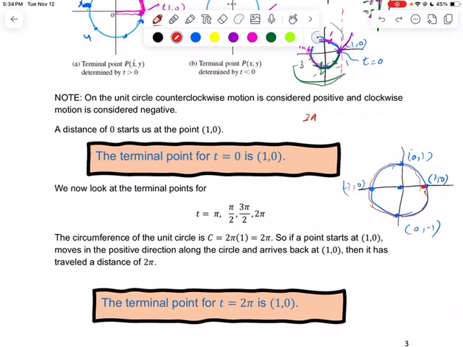Because it's 2 pi, half of 2 pi is pi. So if you travel half the distance in the positive direction, you start here and you will travel this much. So what is the terminal point? -1, 0. So the terminal point for pi, at this point, t will be equal to pi.